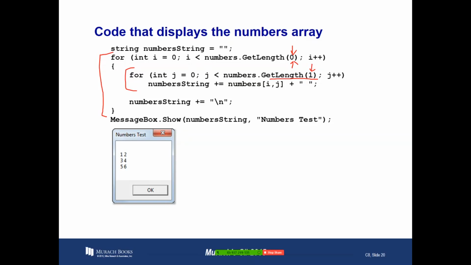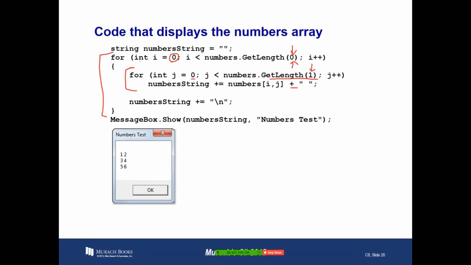Anyway, so on the outside it's looping through rows, but on the inside it's looping through columns. So for the 0th row, it's going to append, using this concatenation, the first column and the second column, and then another. And there's no new line.